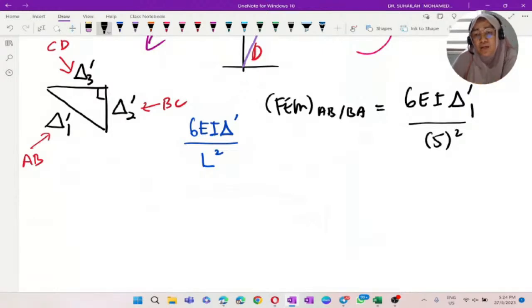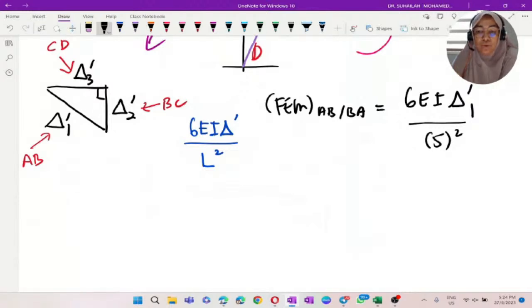This is the formula to calculate FEM for member AB. And don't get confused between FEM due to external loading and FEM due to delta, because of the behavior. Both FEM AB and BA must have the same sign. Due to external loading, we get one negative, one positive. But due to delta, both AB and BA have the same sign.